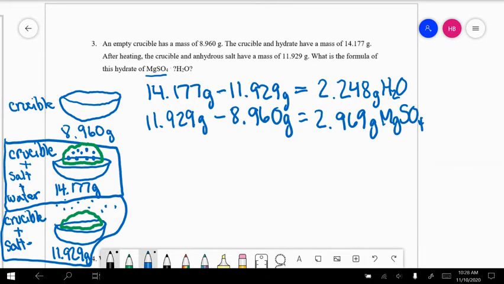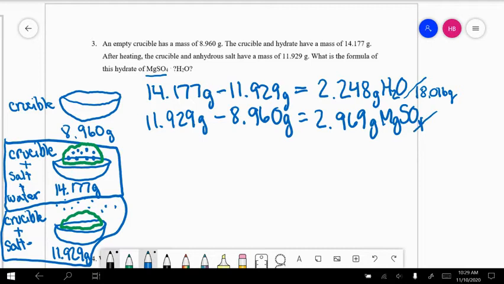So now we've got the different pieces. Well, if we want to compare these, we're going to have to change them to moles. So in order to change grams to moles, you divide by the molar mass. Let's figure out what magnesium sulfate is by looking at the periodic table of the elements and adding up the individual elements involved in there.